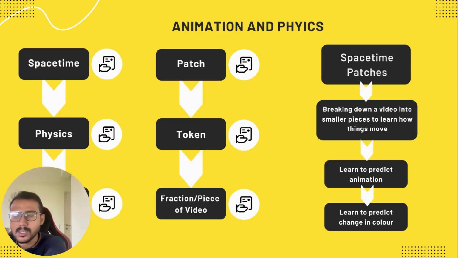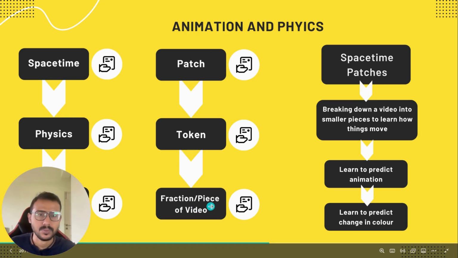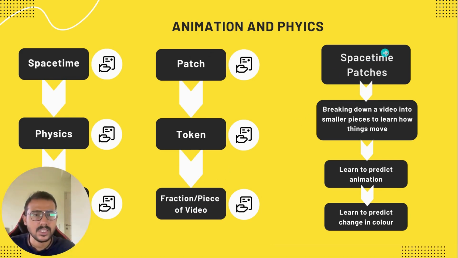So to summarize, space-time effectively means animation, and patches just means a fraction or a piece of video. So what are space-time patches? It's just breaking down a video into smaller pieces to learn how things move across different frames. That's how it learns to predict animation, which actually means learning to predict change in color.